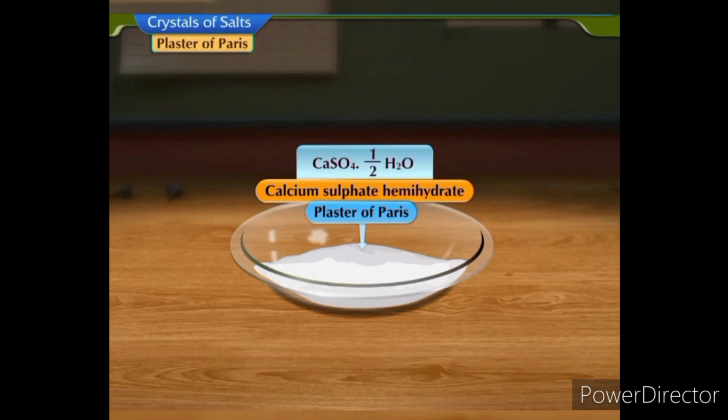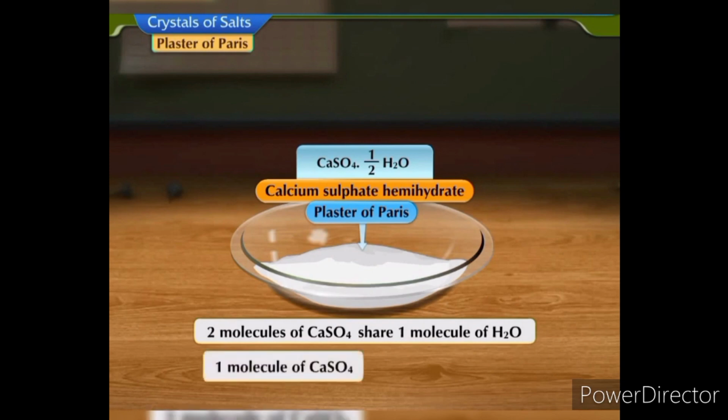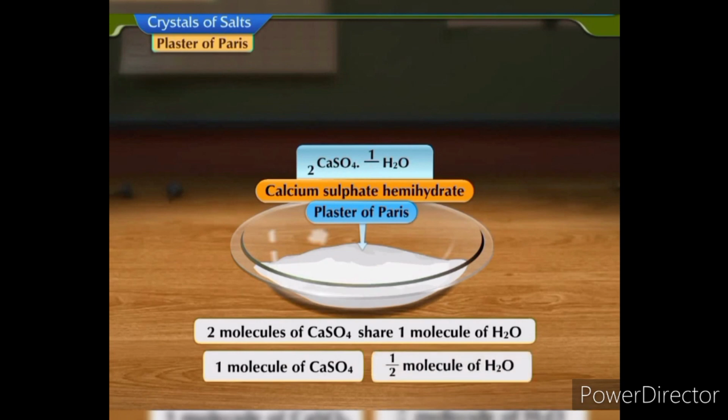The formula CaSO4.½H2O actually means that 2 molecules of calcium sulfate share 1 molecule of water, so the effective water of crystallization for 1 calcium sulfate unit comes to half molecule of water. Plaster of Paris can also be written as 2CaSO4.H2O. It is a white powder.